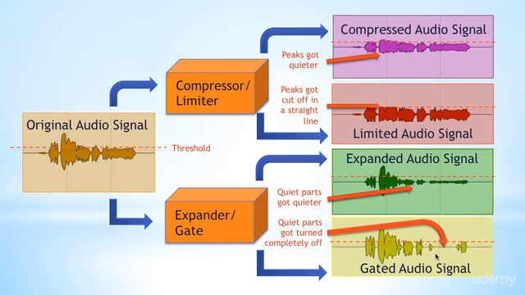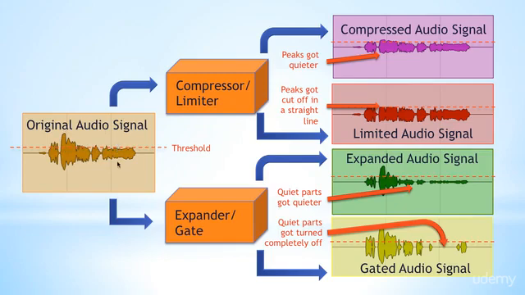And here's just kind of an expanded view of those four dynamics processors. So what I've done is taken an original audio signal and just keep this threshold in mind. Keep that in the back of your head as we go through these other four.